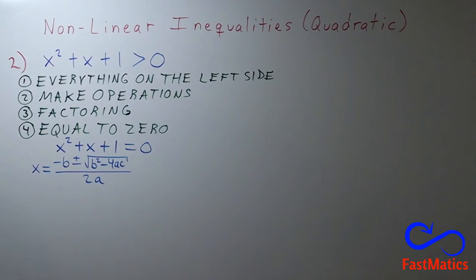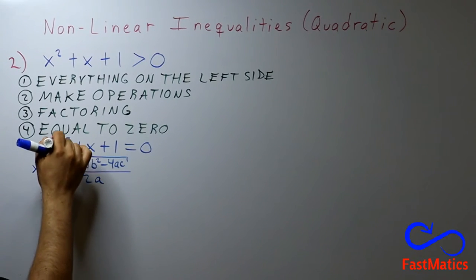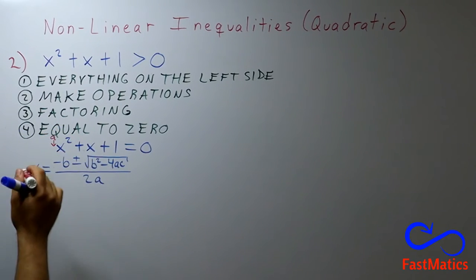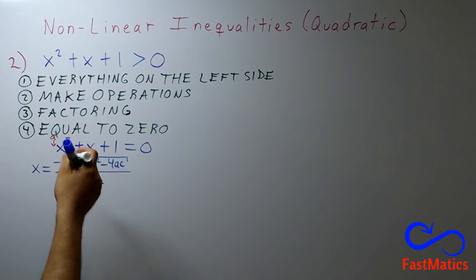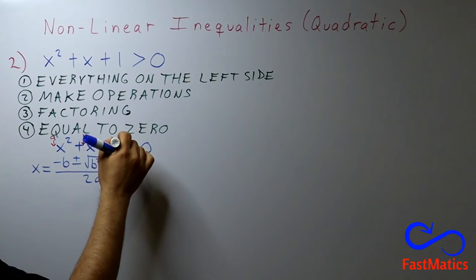Please pay attention. Always the number that is with the x squared is a, the number that is with the x is b, and the number alone is c.